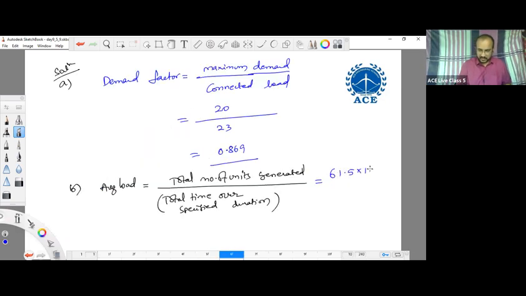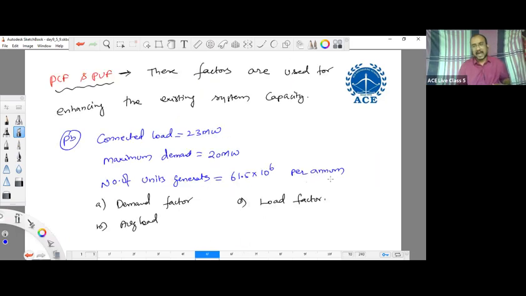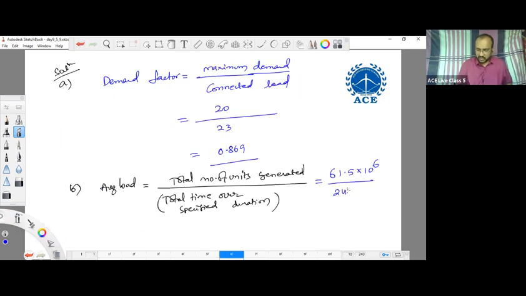Here the annual value is given, so the duration is 24 into 365 days. So what is the average load? Calculate and post the answer.